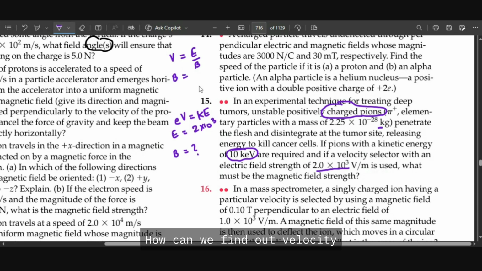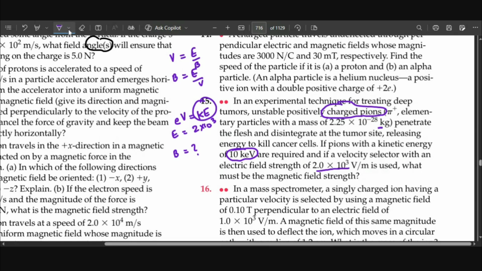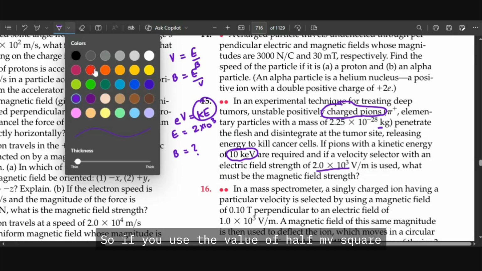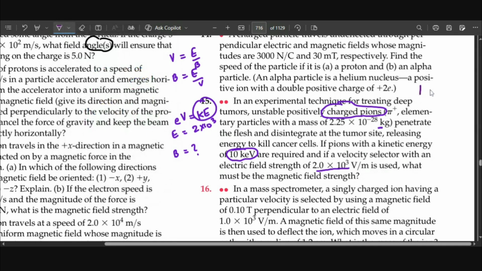How can we find out velocity? We can find out velocity using the kinetic energy. Kinetic energy is also equal to half mv square.